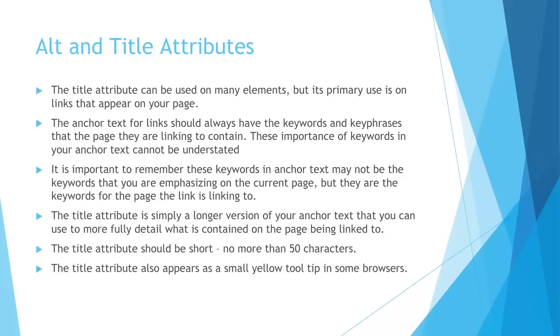If the keywords and key phrases that you're trying to highlight are Los Angeles coffee shop, the anchor text might just be about. But the title attribute that you place on that link should be about Los Angeles coffee shop. So you're going to include the keywords and key phrases in that title. If you can include the keywords and key phrases in both the title and the anchor text, that's even better.